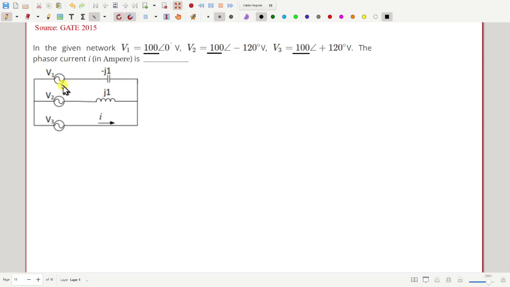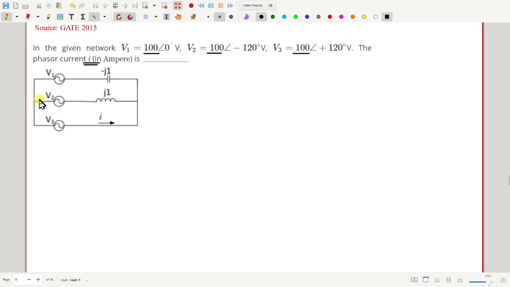No. Supply is balanced, load is not balanced, so overall this is not a balanced system. So we cannot utilize the symmetry of the circuit to solve it easily. We have to solve it in a normal manner. So what do we have to find out? We have to find the phasor value of the current I in the third line.